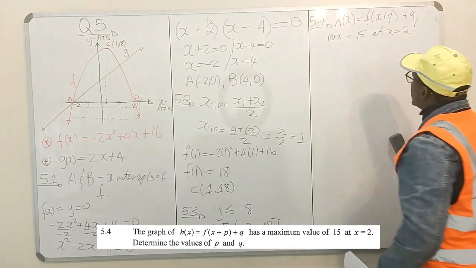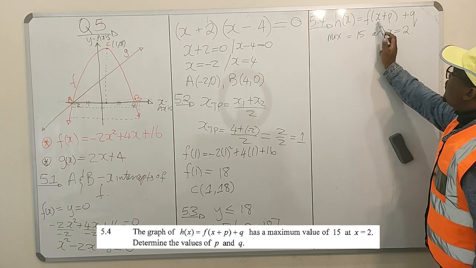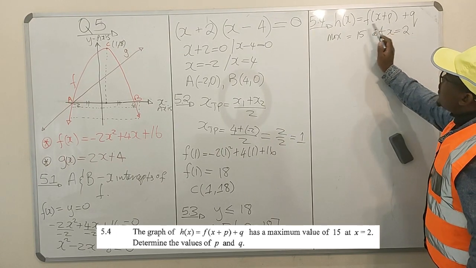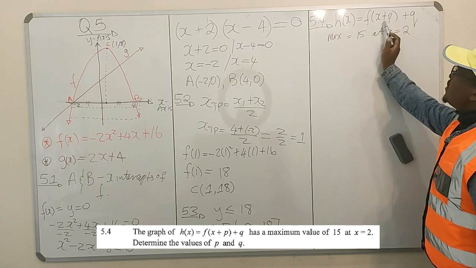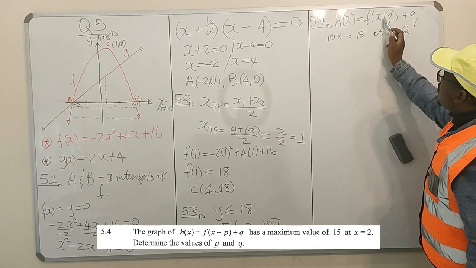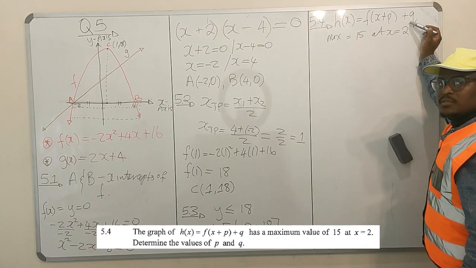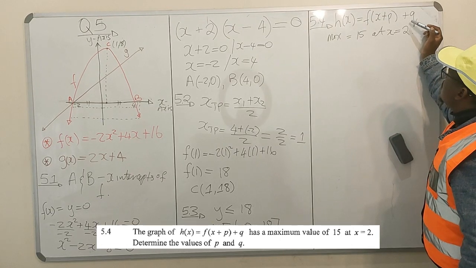If you have a situation like this, where f of x plus whatever, h of x is defined by shifting. This part is a horizontal shift, and this part here is a vertical shift.